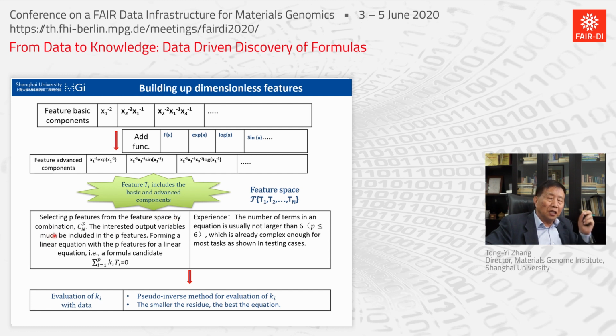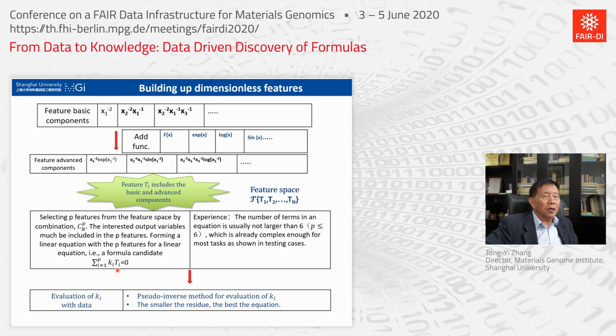So keep that in mind. During this feature selection, when we select these p features, we have to keep the integrating output variable included in the p features. Then we use those p features to form a linear equation with constant coefficients to be determined.